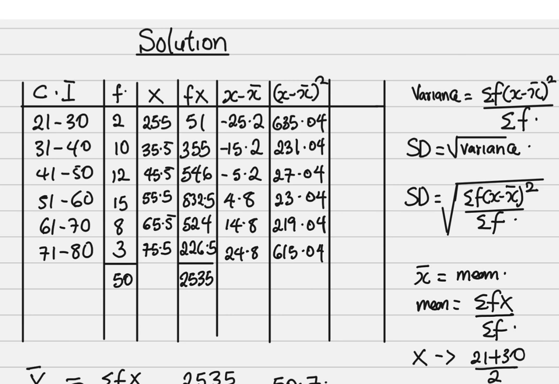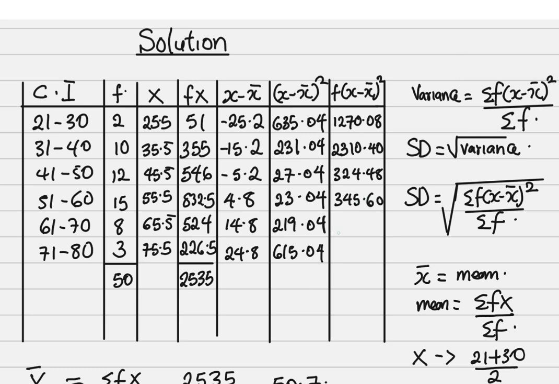All right. So the next thing is f into (x minus x bar) all squared, meaning everything on the frequency column multiplied by the column (x minus x bar) all squared. Now doing this, we are going to have 1270.08. The next one is 2310.40, then followed by 324.48, and followed by 345.60.